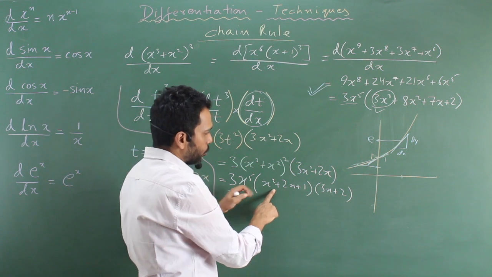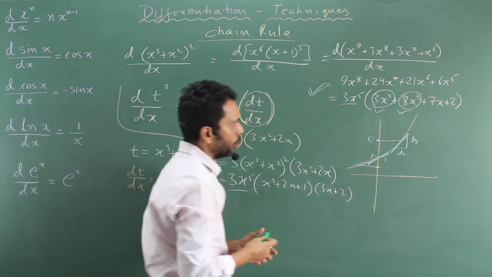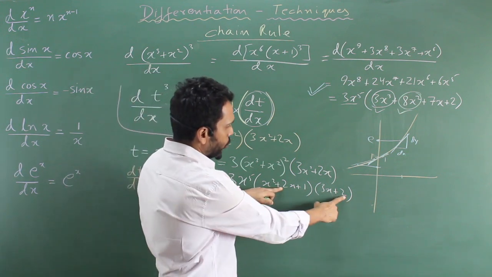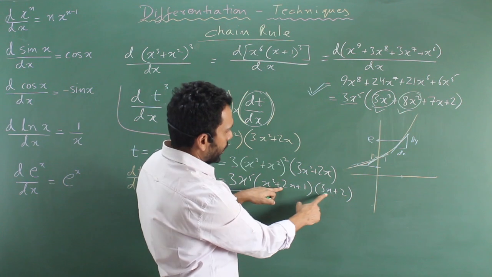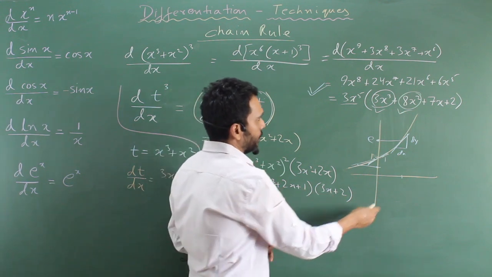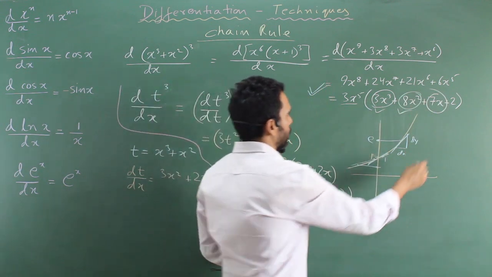So 6x square plus 2x square, we have an 8x square. All right. That's all right. And then how many x's? So a 2x into 2 will give you a 4x, and a 3x into 1 is going to give you 3x. So 4x plus 3x, we have a 7x. So yes, we have a 7x, and 1 into 2, that's the only constant term, is 2.